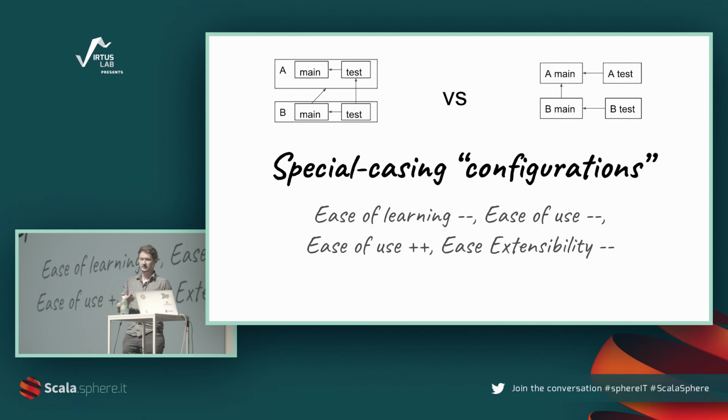On the other hand, by making them different, you might be able to give better error messages or something like that. But my feeling is that this trade-off in terms of the special casing is probably not worth it, because probably the value you get out of it is smaller than the complexity that it causes.